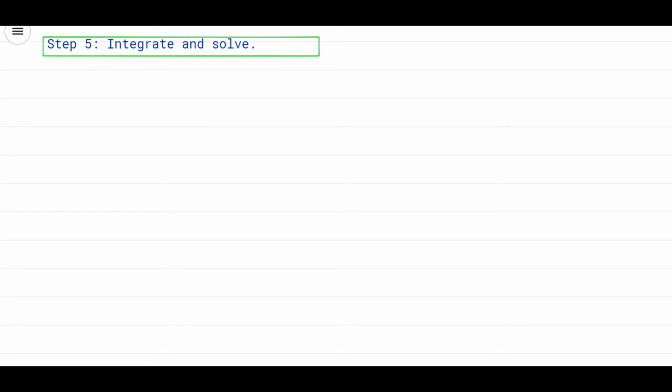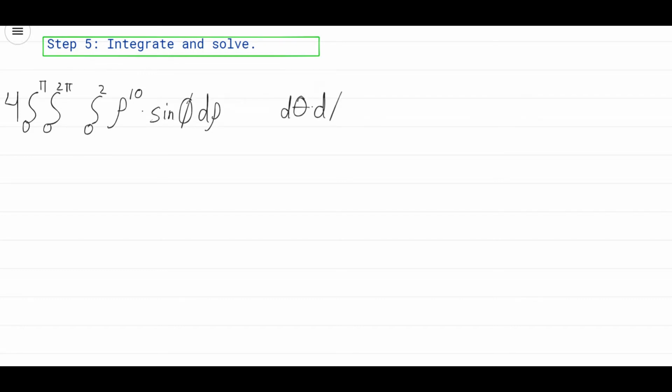And solve. So we have 4 as our constant, we have our phi bounds, our theta bounds, and our inner bounds are going to be our rho bounds. So it's radius 2, so it's 0 to 2, we have rho to the 10th power times sine phi d rho, and then we have d theta and d phi. And the reason I put them closer to the outside than I do towards the inside is so that way you don't integrate with respect to rho or phi.